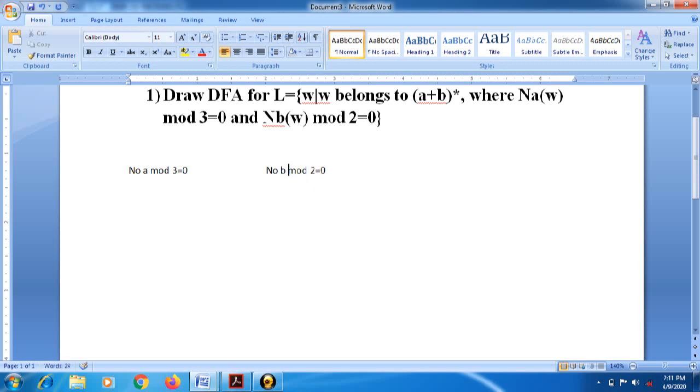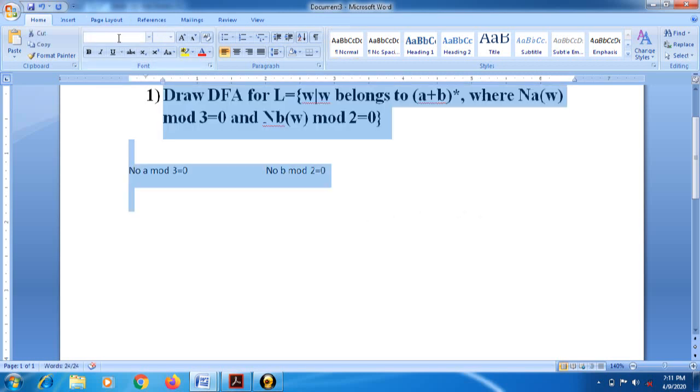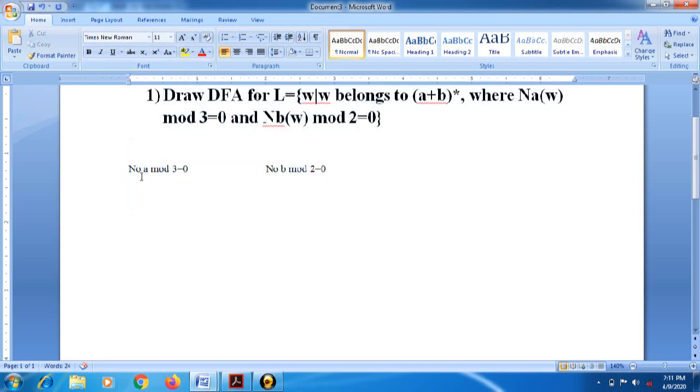So we have to consider both the cases. Then we can move towards the next step. Whenever we are considering mod 3, in that case we have to consider all the combinations of A which generate a value of mod 3 equal to 0.